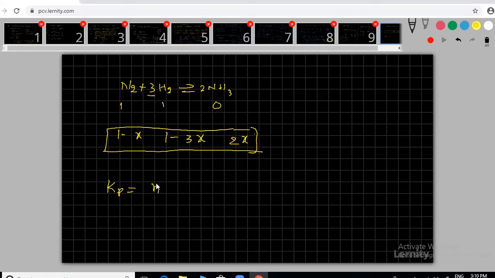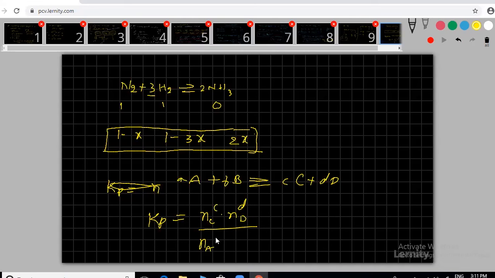Suppose I take a general equation: a moles of A plus b moles of B gives rise to c C plus d D. Then Kp in terms of Kn equals n_C to the power c, n_D to the power d, number of moles of products by number of moles of reactants, n_A to the power a, n_B to the power b, into P total by n total, whole power delta n_g. g means gaseous state.